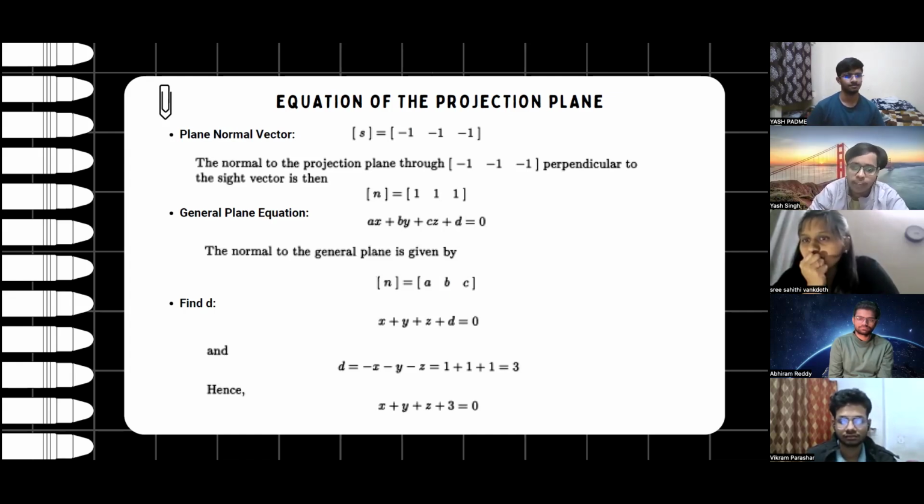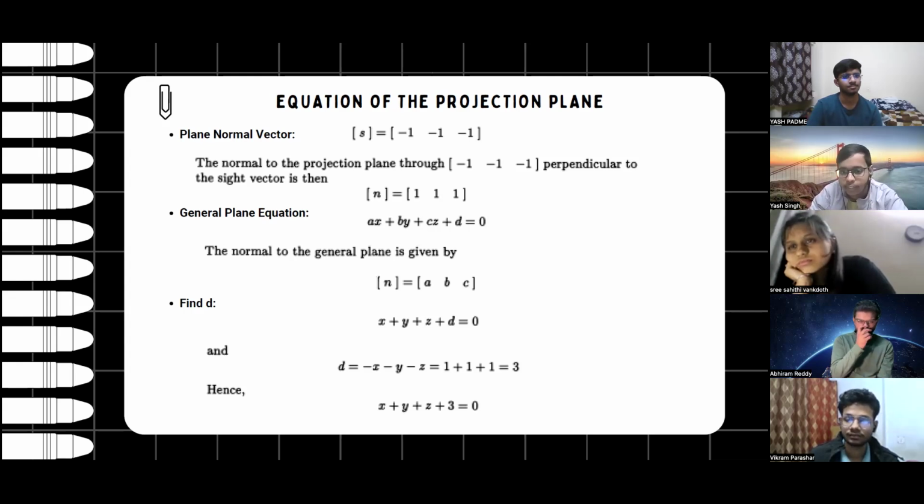Let's find d. Putting the point -1, -1, -1 in the main equation, d comes out to be 3. So the actual equation of the plane is x plus y plus z plus 3 is equal to 0.